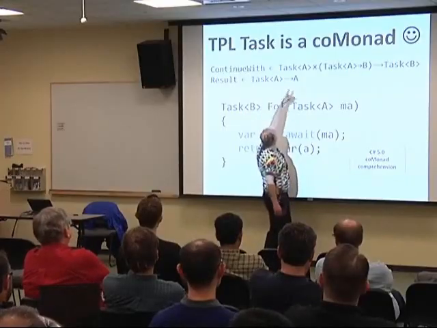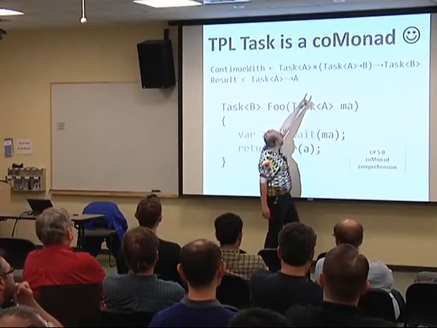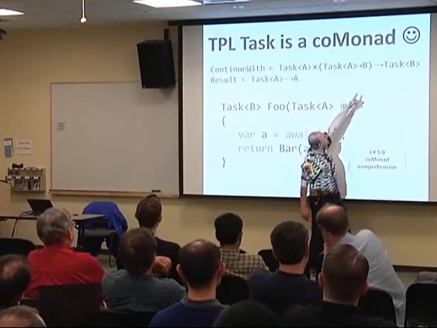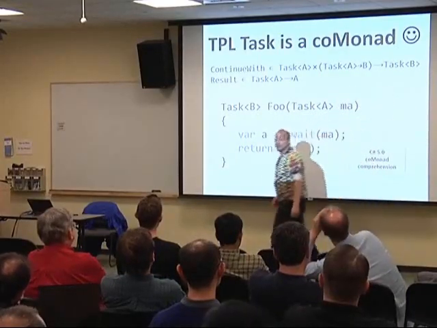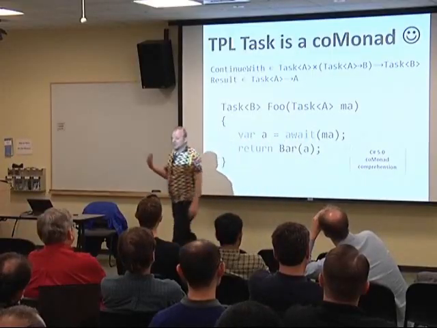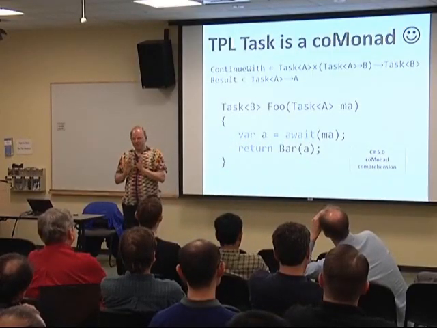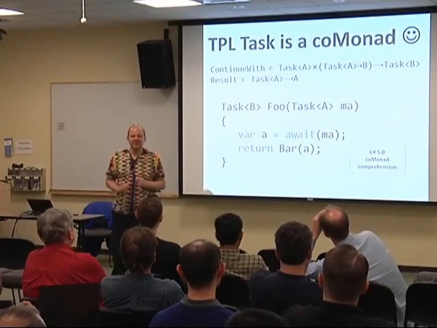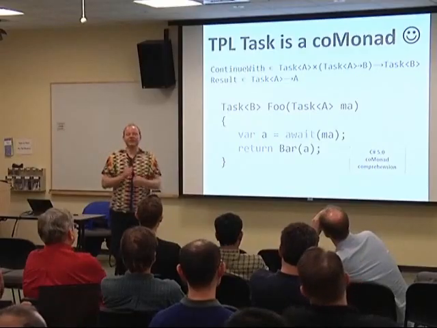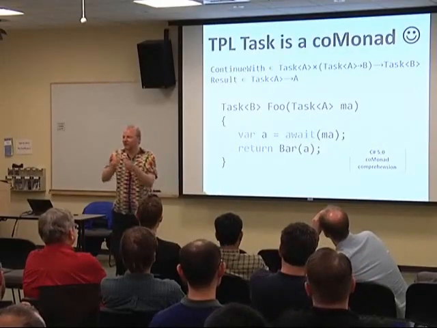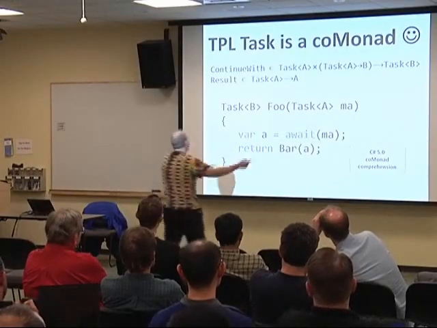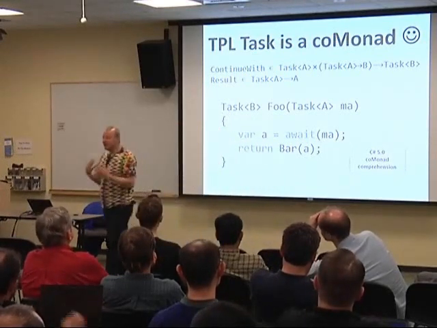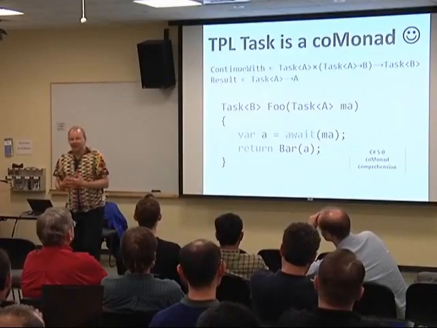This is the cobind, so it takes a Task<T> and a function from Task<T> to S and returns a Task<S>. This is ContinueWith, and if you have ContinueWith, this is homework, you can write a function that goes from Task<T> to T. That's simple, and so they're equivalent. If you have a function from Task<T> to T, you can implement ContinueWith. So these are equivalent. It turns out that Task<T> is a comonad.